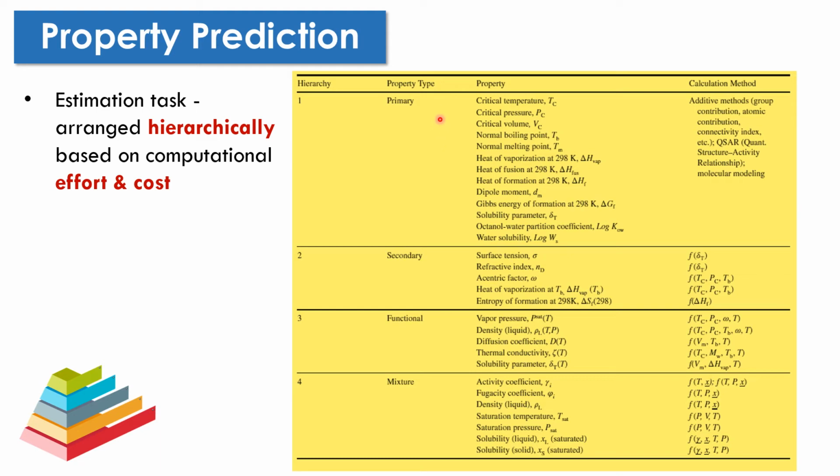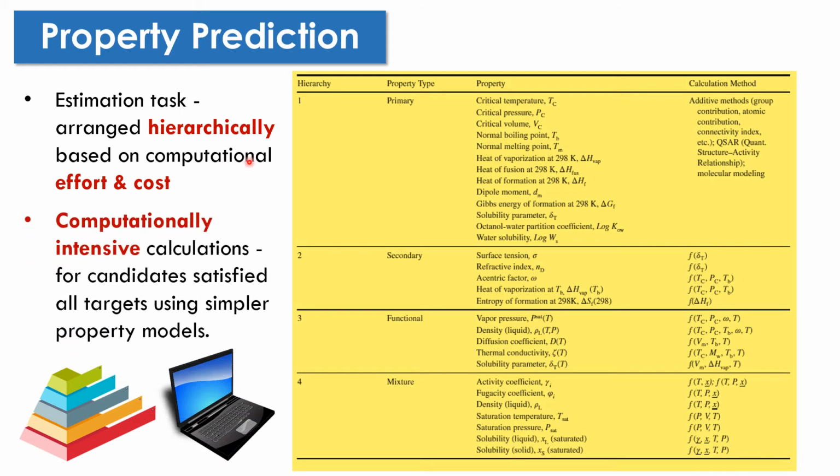We start with the primary properties, then the secondary properties, then functional properties, and finally mixture properties. Each of these properties differs in terms of the computational effort and the related cost, and the cost here means the computational cost.